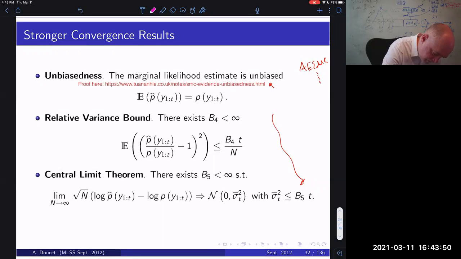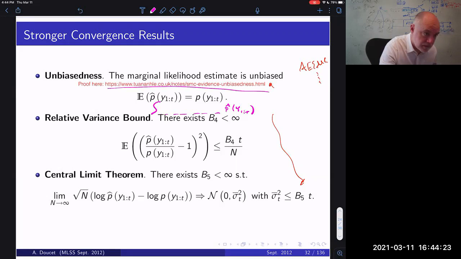Yeah. We know an expectation is an integral over some distribution, and there is some thing that you're taking an expectation of, which is p hat of y_1 to t, which is a number, right? So what goes here? Writing it out in all of its gory detail, I highly recommend you look at this. That has it all in its glorious detail.